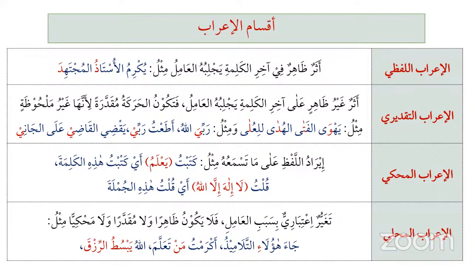and it will experience the state of rough. Now, these four types of i'rab are mentioned in books. Some books don't cover it, but I think it's good that we do, because as you study the books of i'rab, they will sometimes say this word is in this state, lafzan, or this word is in this state muqaddaran, or this word is in this state hikayatan, or this word is in this state mahallan.